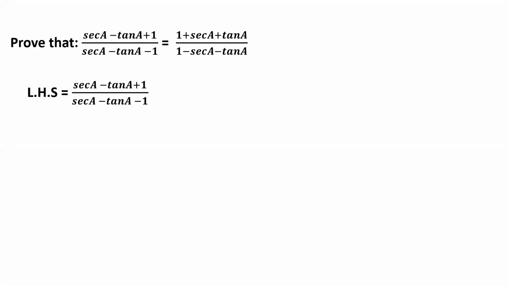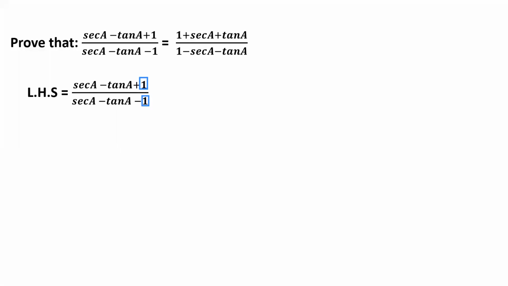If you look into this part, it is 1 and this is 1 here. Can I change this 1 in terms of secant and tan? Because we know there's a certain formula which gives you 1. Let me tell you, sin square A plus cos square A equals 1, you know that, right? Sec square A minus tan square A is also 1. Since here is sec A minus tan A, can I relate 1 with secant and tan A? So for that reason, what can I do?